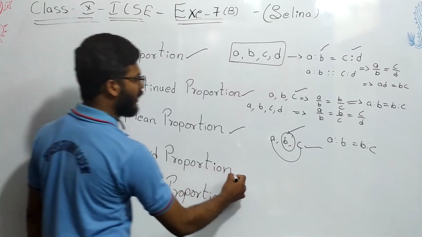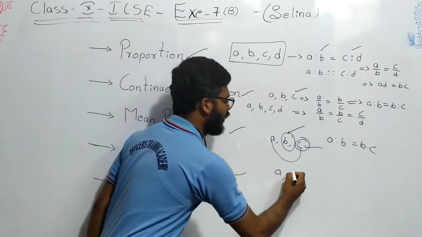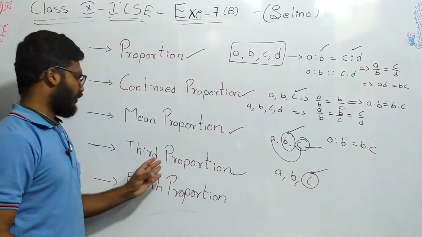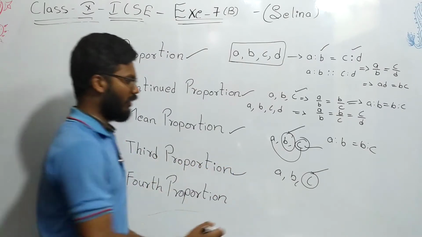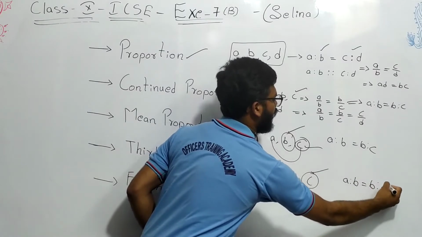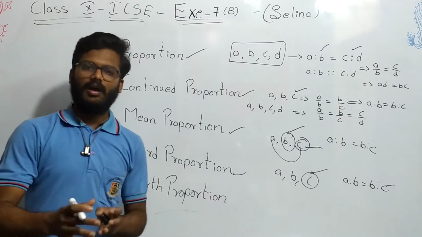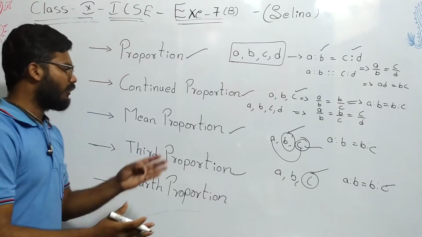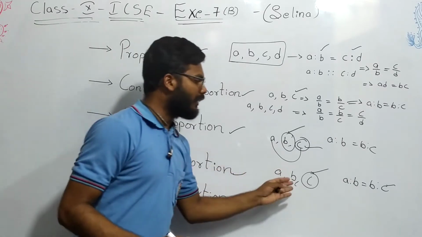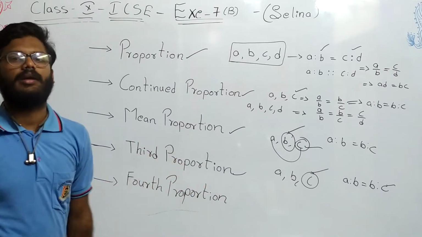In the same way here, C is the third proportion. If A, B, C are in continued proportion, then we can tell C is the third proportion to A and B, or if A is to B is equal to B is to C, then C is the third proportion to A and B. Or if C is the third proportion to A and B, then we can tell A, B, C are in continued proportion, or A, B, C are in proportion.